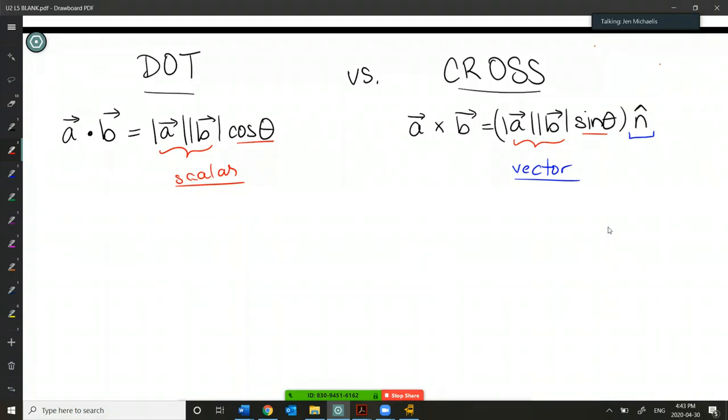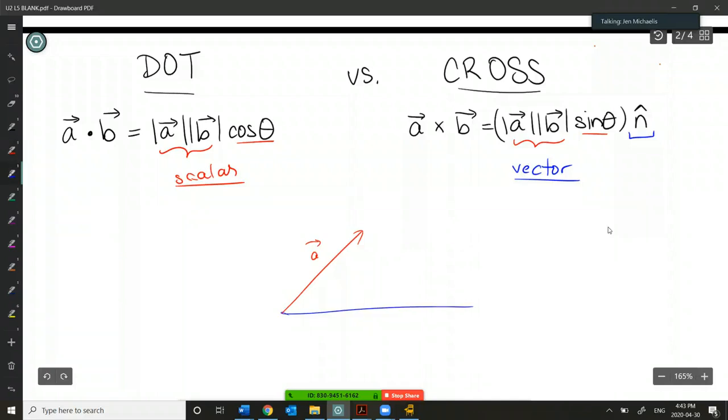And I want to take a look at what this cos theta and sine theta part is. So let's take a look at two vectors. Let's say this is vector A and vector B. And we talked about the dot product in a rearranged format here.